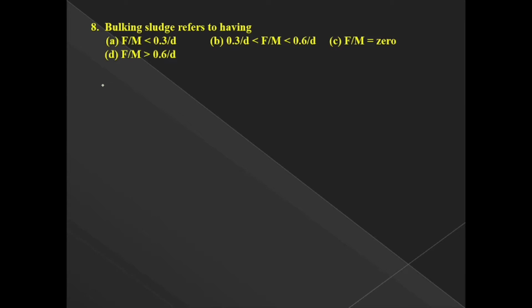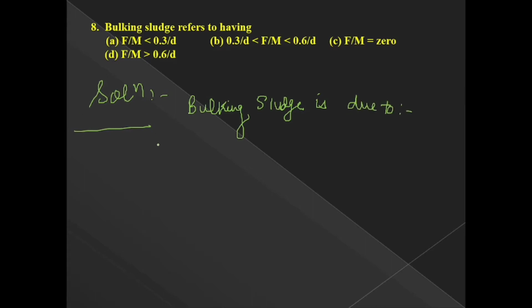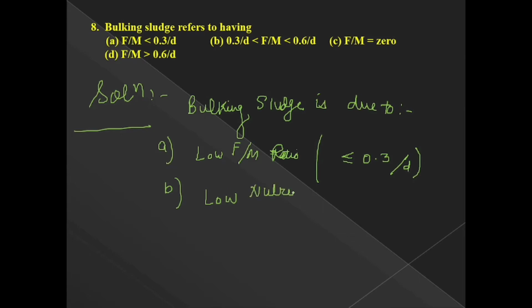So the bulking of sludge is due to: number one, option A, that is low F by M ratio, that is the food to the MLSS concentration ratio, and here low F by M ratio should be less than or equal to 0.3. Second may be low nutrient concentration, we had discussed low nutrient concentration.